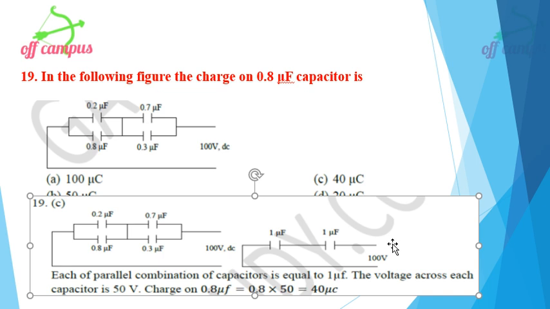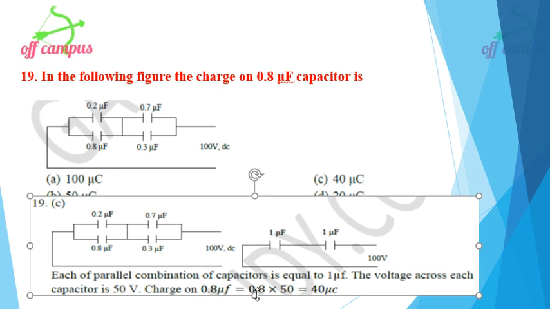So 1 microfarad in series across 100 volts. Voltage is divided in a series connection, right? For equal capacitance values, it is equally divided. For this capacitor it is 50 volts, for this it is 50 volts. So for this series, 50 volts is dropped. What do we need to find in that question? The charge on this capacitance.